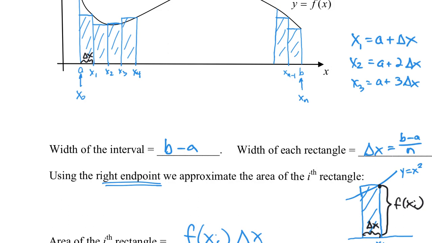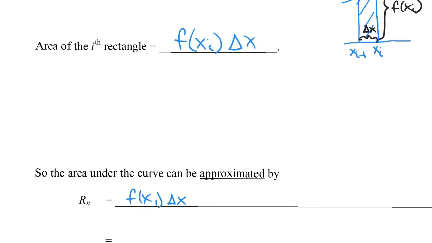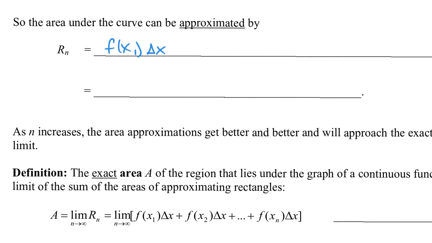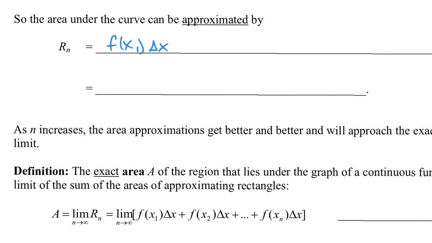Going back over to R sub n, if you look at the picture, we're basically just going to add up all these rectangles all the way across. So we'll get f of x sub 2 times delta x plus, and we would keep on going, and we would get f of x sub n times delta x.